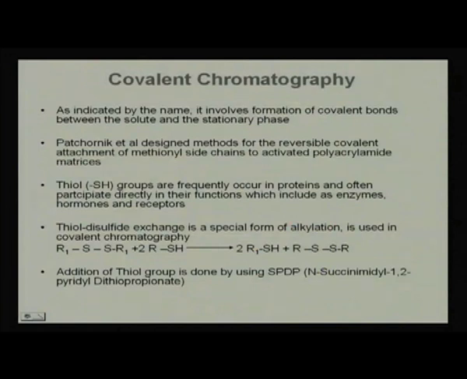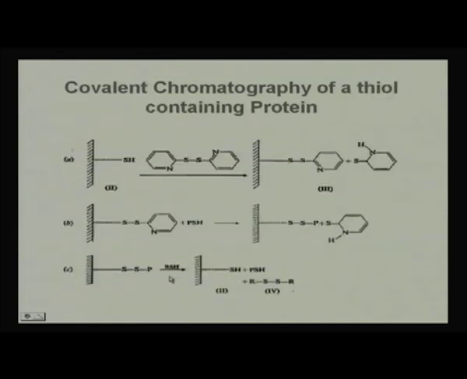This type of incorporation can also be done using chemicals such as SPDP, that is N-succinimidyl 3-(2-pyridyldithio)propionate. Through this chemical we can incorporate thiol groups into our protein molecule, so that the binding and covalent linkages will be there.